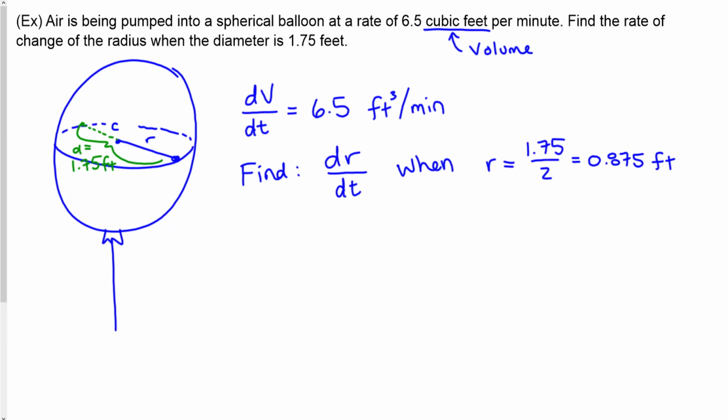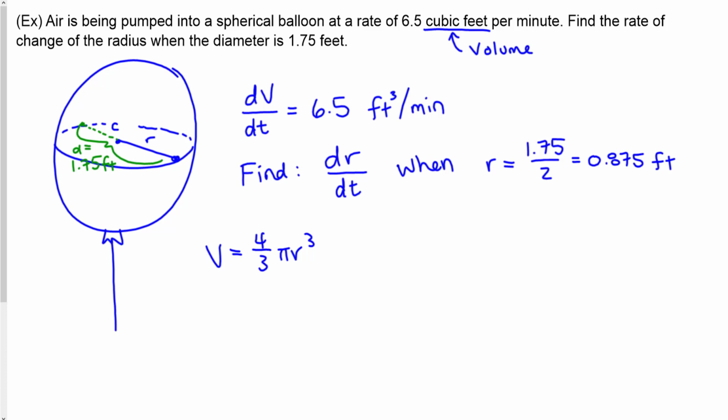In order to solve this, we need a formula that tells us how the variables volume of a sphere and radius are related to one another. So volume is V equals 4/3 pi r cubed. Now, I need to come up with a related rates formula.